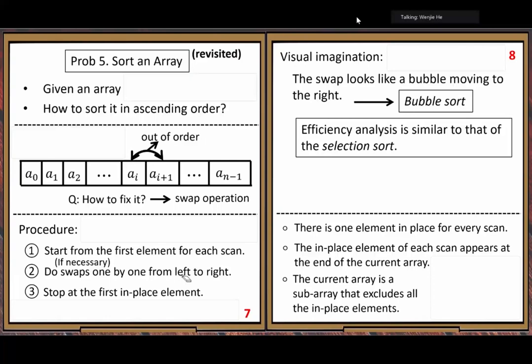So let me repeat this question again. This question actually has some hole there.